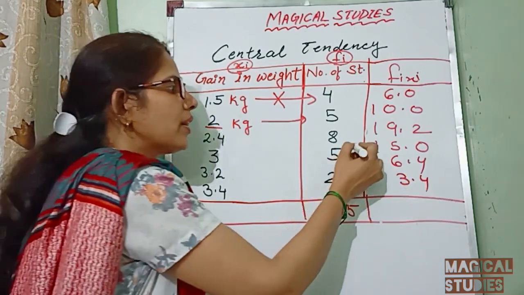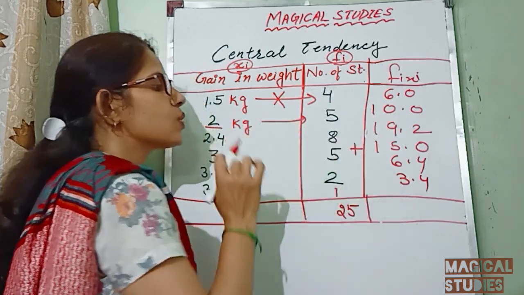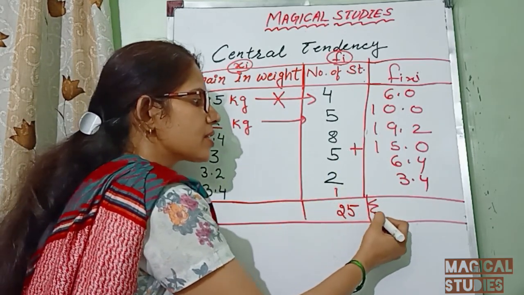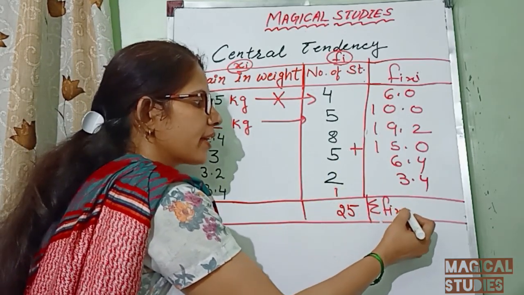Just add all these values, and you will get the summation of fi xi.